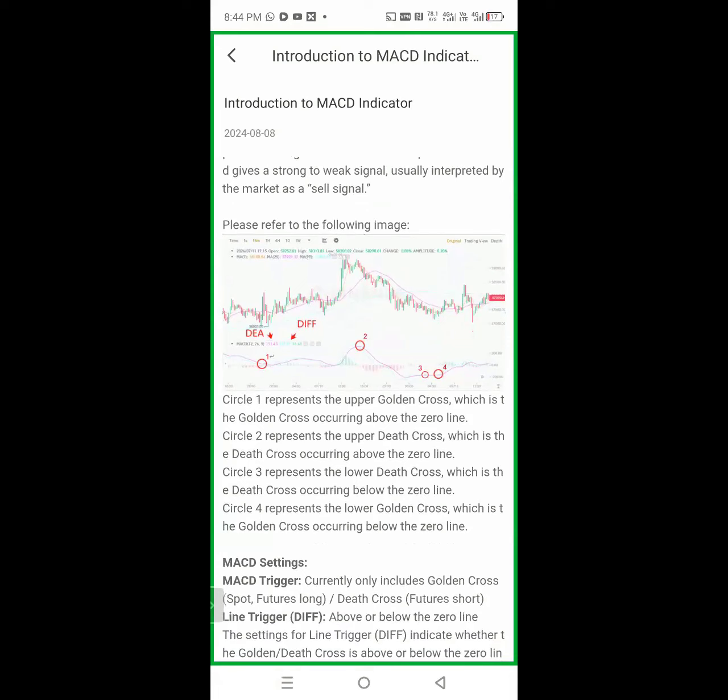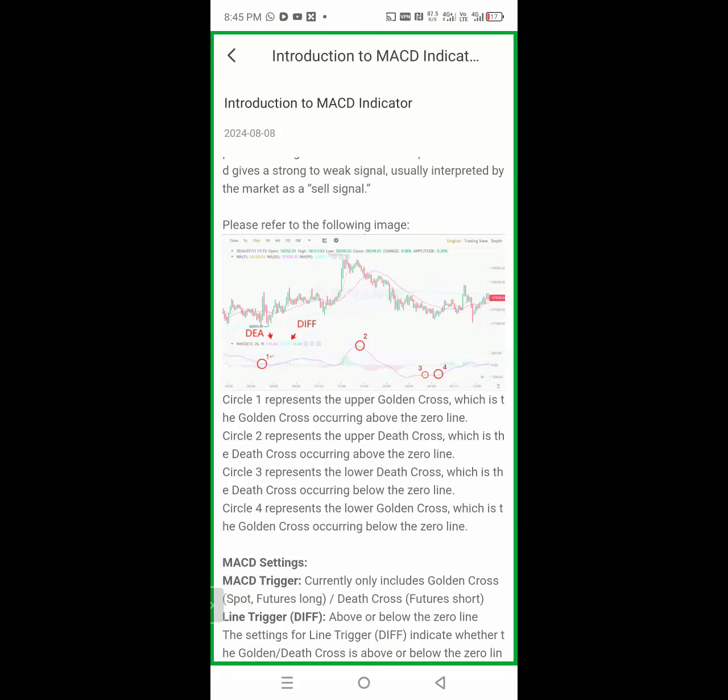Cycle 2 represents the upper death cross, which is the death cross occurring above the 0 line. Cycle 3 represents the lower death cross, which is the death cross occurring below the 0 line. Cycle 4 represents the lower golden cross, which is the golden cross occurring below the 0 line.